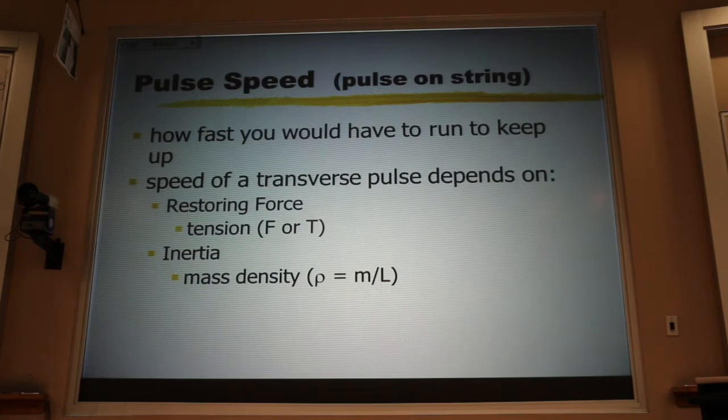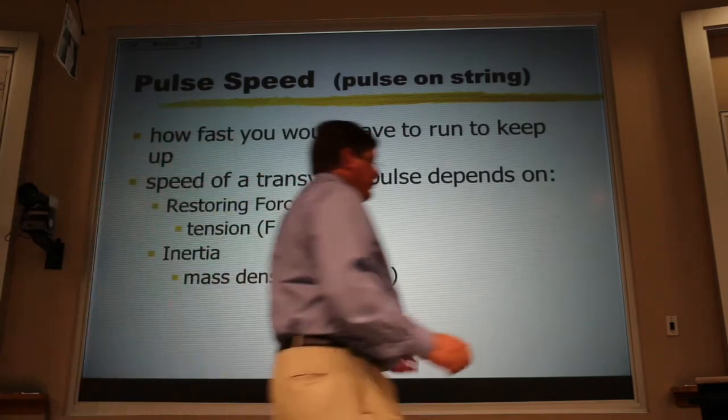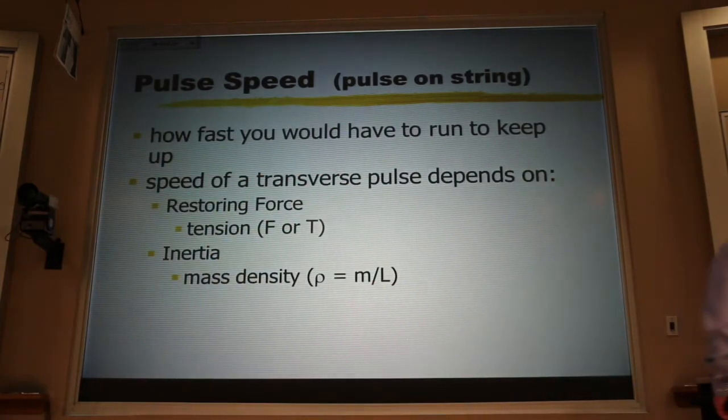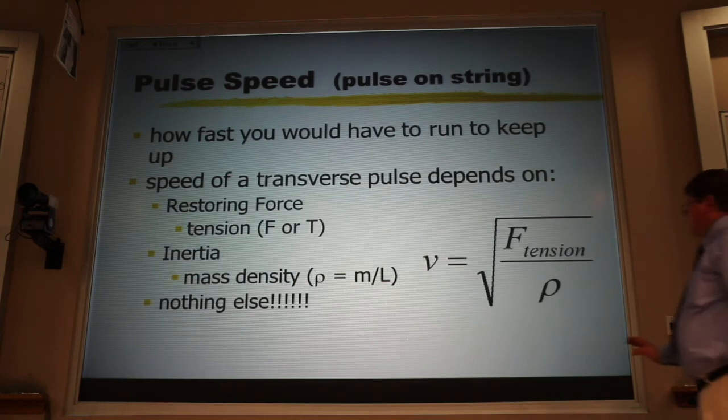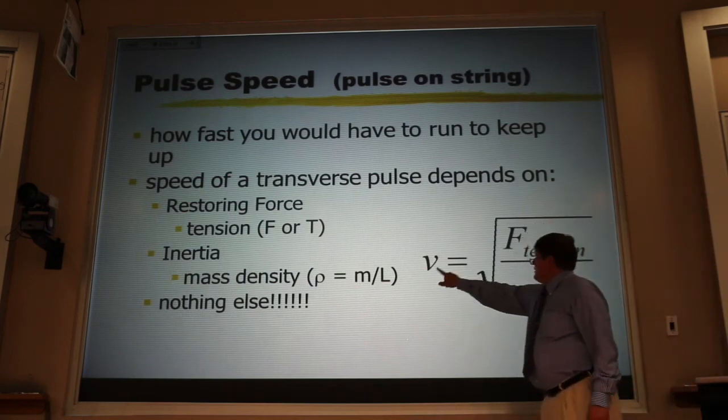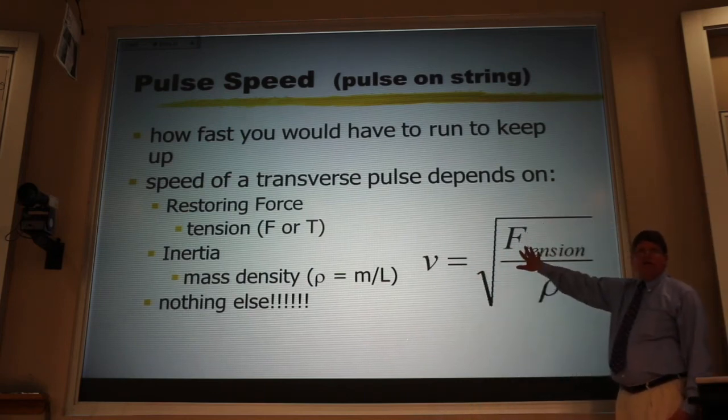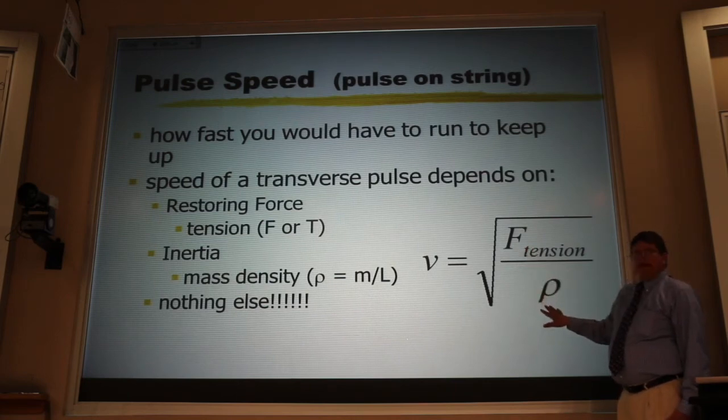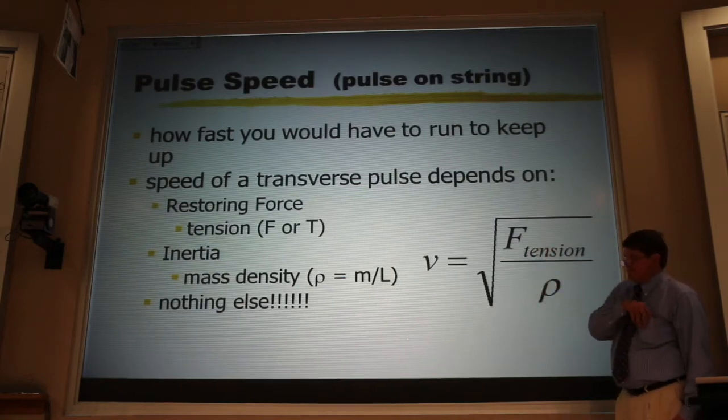We can go through some fancy mathematics to derive this, but I don't want to take us there. The final answer is that the velocity of the pulse depends on the tension in the spring or string or rope and the mass density of the spring or string or rope in this form here.